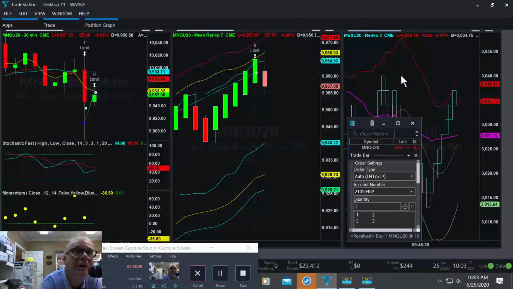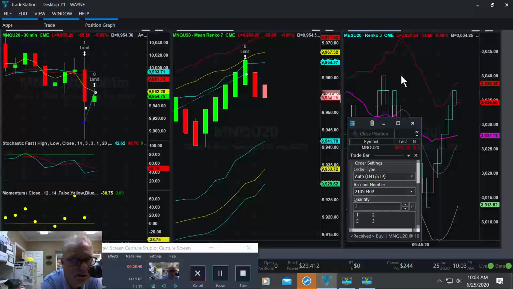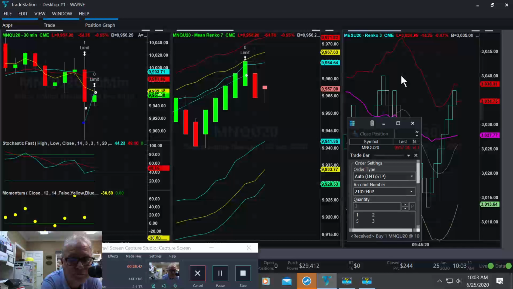Look at the momentum though. This is a new one I put on here. Stochastic momentum is on toss, and I like it. I put this one on here because I didn't see a stochastic momentum.